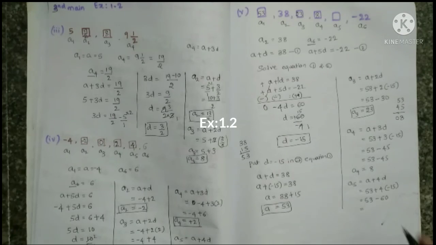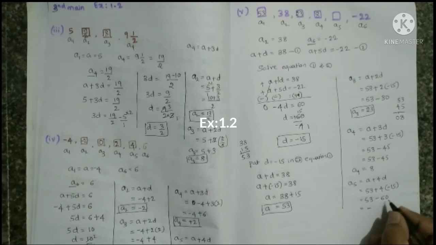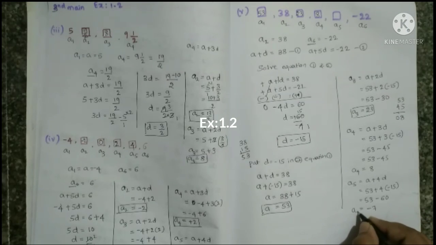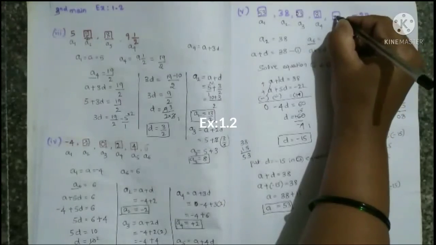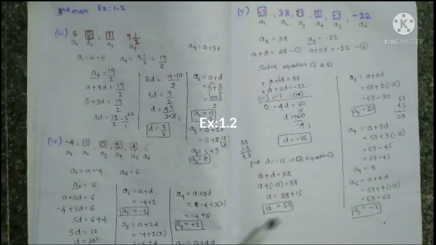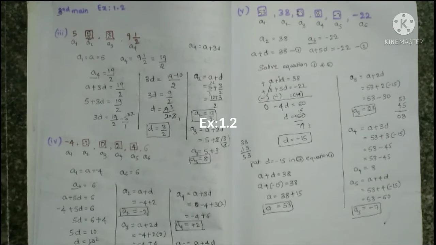The bigger number is containing the negative sign, so the answer will come in negative, minus. 60 minus 53 is 7. This is A5. So A5 is minus 7, and the D value is minus 15. These are the sums of the third main. Now the third main is completed.